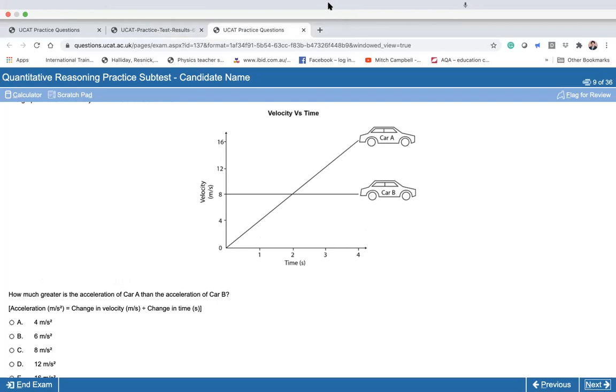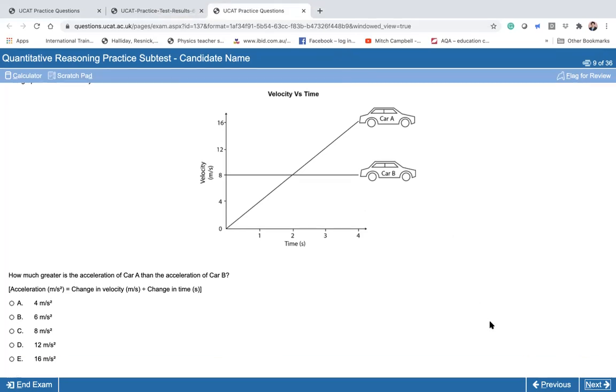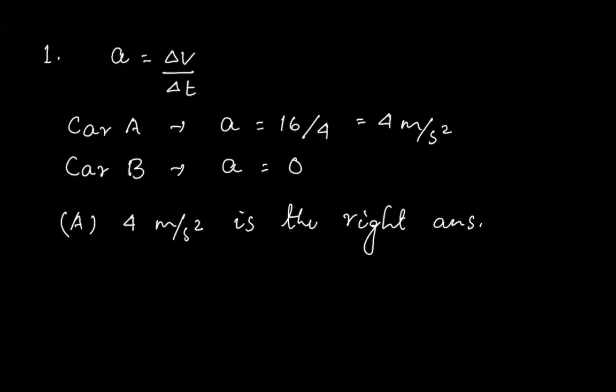If you want to see the working, I can share the working with you. So have a look at the solution. You have acceleration, which is the rate of change of velocity, that is change of velocity over change in time.